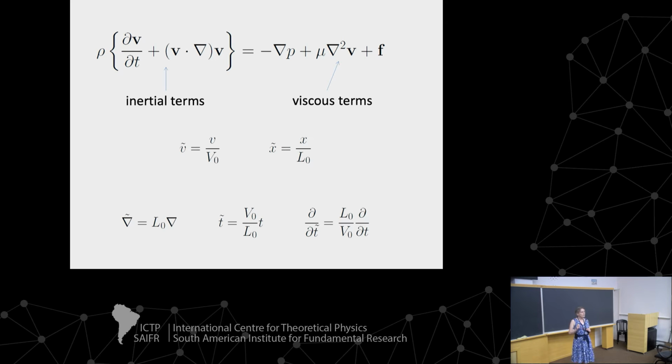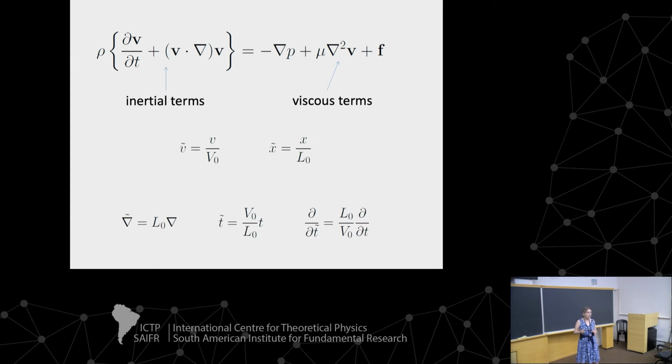So what we'd like to do is look at the relative magnitude of the inertial terms and the viscous terms. The way to do that is to non-dimensionalize the equations, to rewrite them in terms of a velocity scaled by some typical velocity in the system, and our positions scaled by some length, L0.